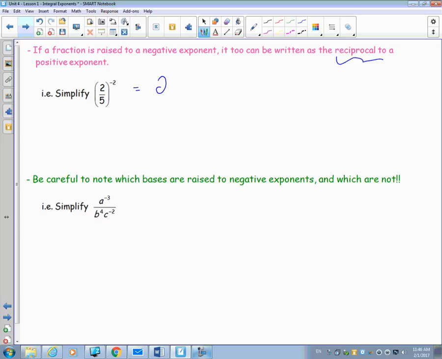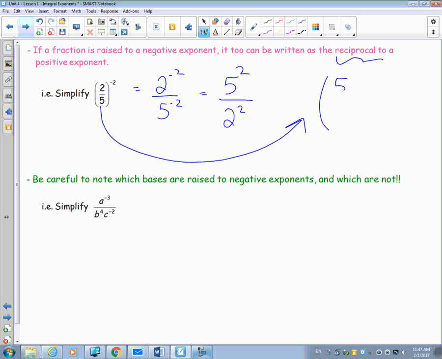I could think of that as 2 to the -2 over 5 to the -2, which means the 5 goes to the top, becomes a positive exponent, and the 2 goes to the bottom. Or more simply, what we often do is just flip the fraction. That's the same thing. Okay? So if your whole fraction has a negative exponent, flip the entire fraction, make your exponent positive.